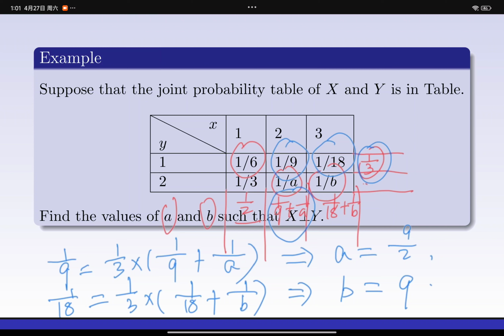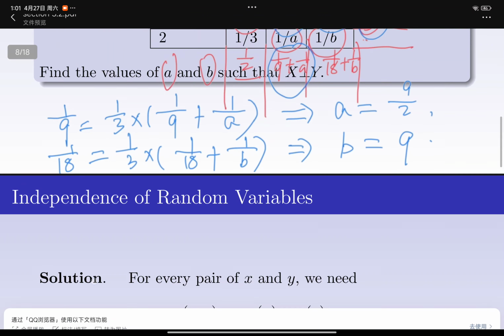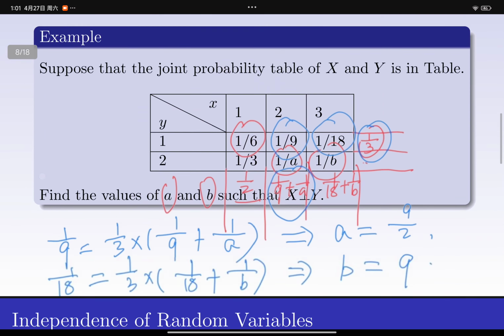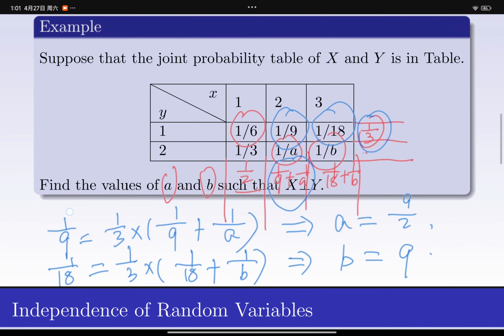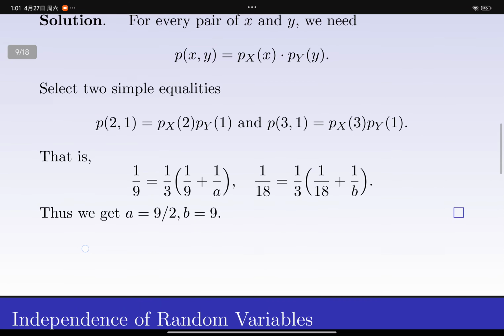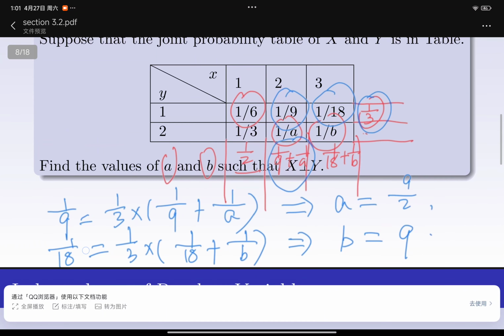Okay, so we should do some very easy ones, I think. We can represent this. Okay, here we go.